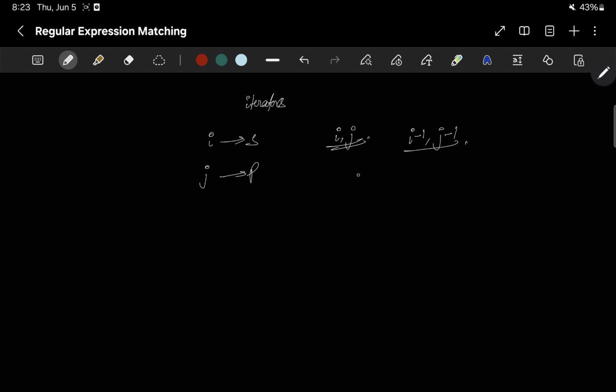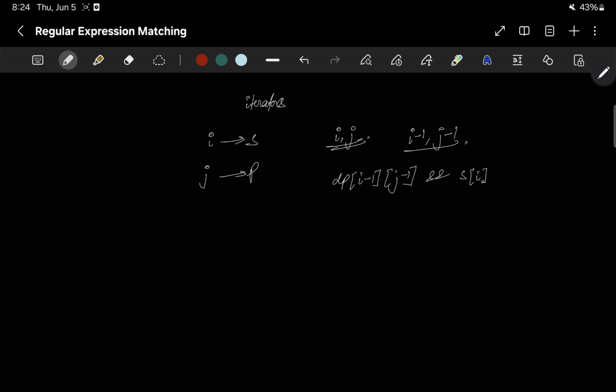And if I minus 1 and J minus 1 is true, true means equal, false means not equal. If the strings are matching till I minus 1, J minus 1, all we need to do is compare the characters at I and J.